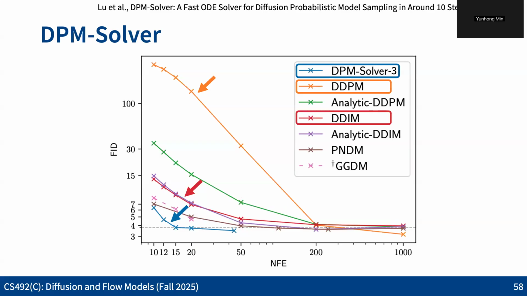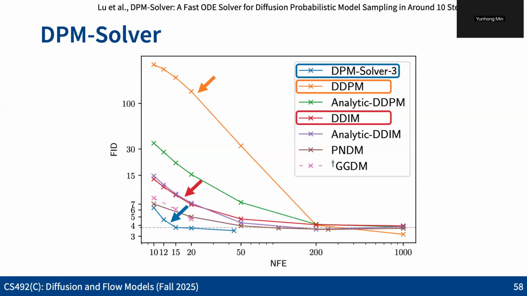If we go to higher orders, the second or third order approximation, then you can see that even with 15 steps, the dotted line here is the accuracy we can achieve with 1,000 steps of DDPM or DDIM sampling. Even with 15 steps, we can achieve the same accuracy.